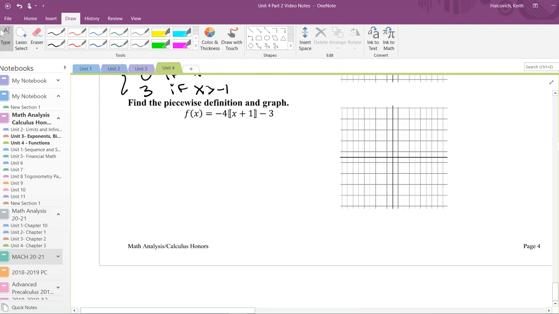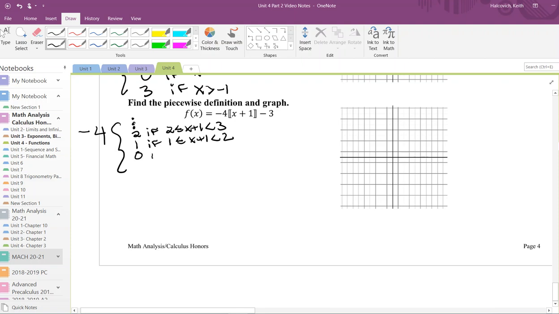Same thing for the next one. So here it's -4 times the piecewise definition of the step function. So remember, we need the dots. And then it's going to be 2 if the x plus 1 is between 2 and 3. It's going to be 1 if the x plus 1 is between 1 and 2.